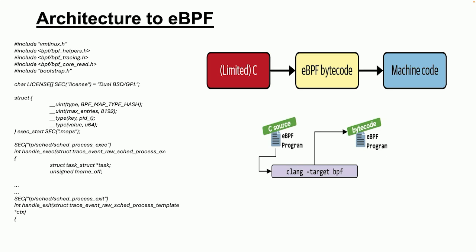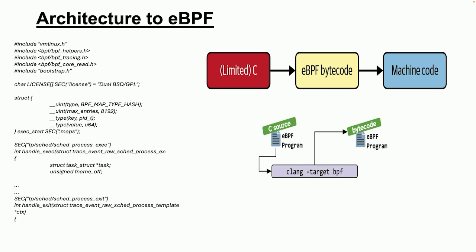If you see the BPF program, it has various sections. Here there is a section called maps. These are the BPF maps I have talked about. Then there is a section here which is the tracepoint. TP stands for tracepoint. So I'm putting BPF bytecode at the tracepoint sched_process_exec.